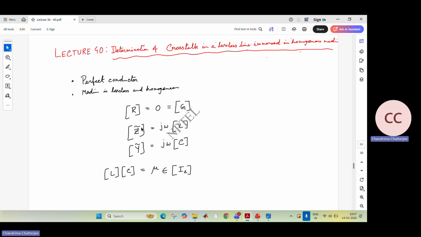And what is Z? Z is j omega L. And what is Y? Y is j omega C. This much we know, right? And what is the multiplication of L and C? LC is mu epsilon I2. What is I2 here? I2 is a unity matrix, right? I2 is a unity matrix.